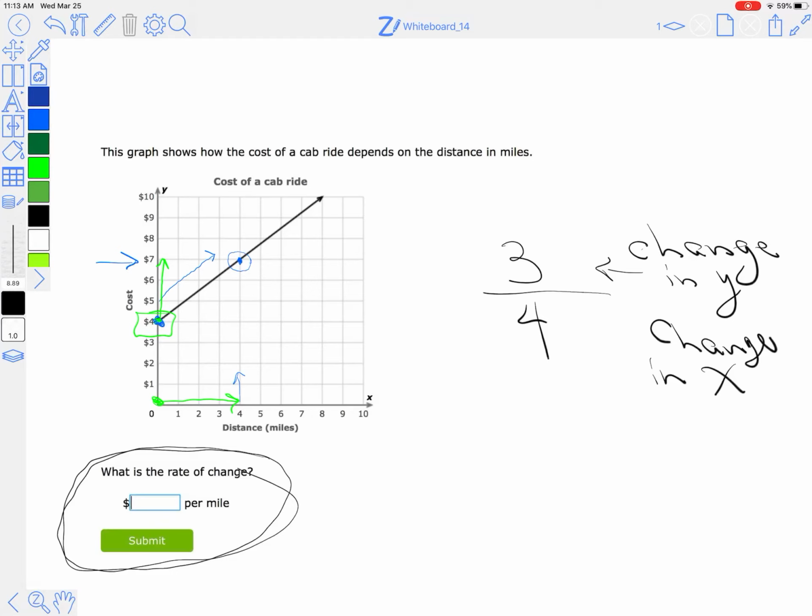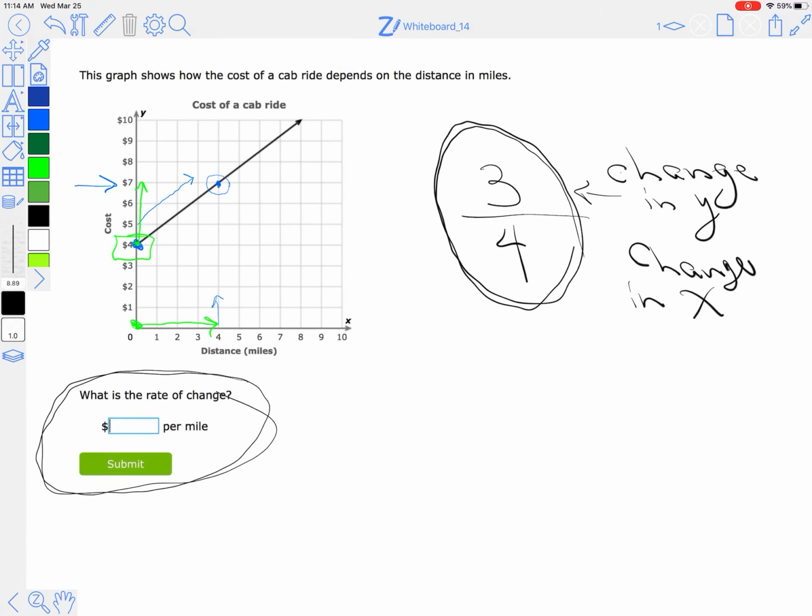So when I answer this, and you'll see as you're doing your IXL assignments, it says to write your answer as an integer or as a decimal. So once I found the change in y and the change in x, I got 3/4. And 3/4 is the same as 0.75. So that's the number I should put in there.